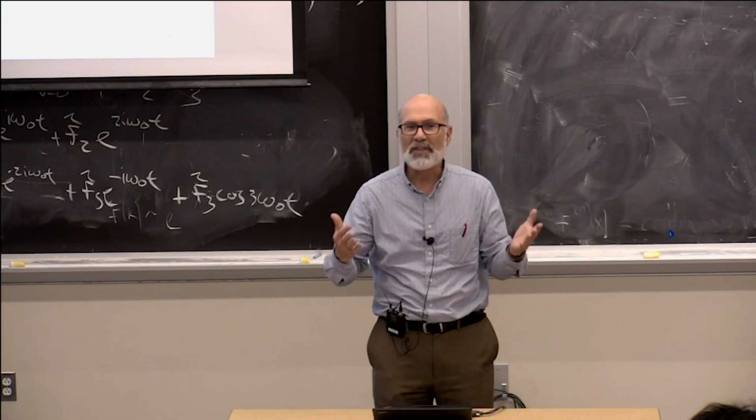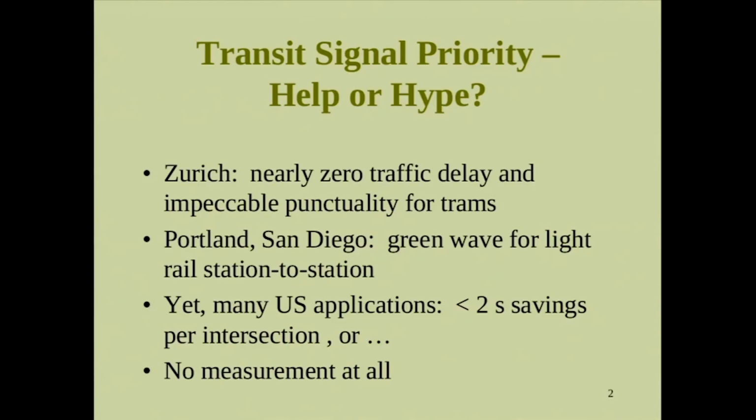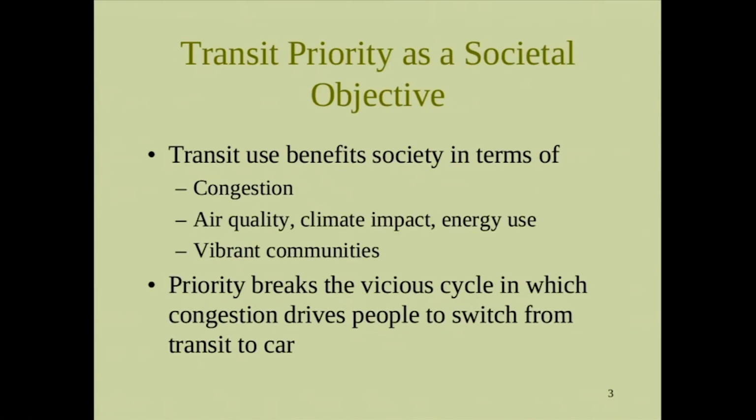So then I have to ask, is it really a help or is it hype? What I'm going to tell you today is some of the standard ways of doing transit signal priority, how they work and how they don't work very well, and what we have to do to really have our buses or trams have nearly zero delay.